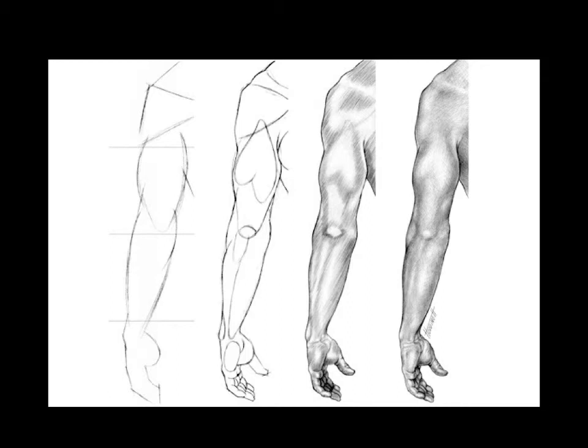So here we have stages of a drawing of an arm. On the first drawing, you can see that it's just simple shapes. We've got kind of triangular shapes, maybe almost like an oval shape. Even this hand is a more complex shape. It's not a circle, triangle, or square, but it doesn't have any depth to it. It still looks like a flat shape.